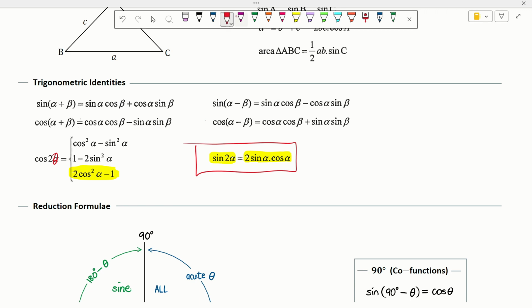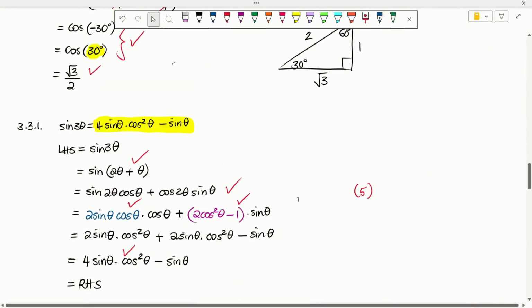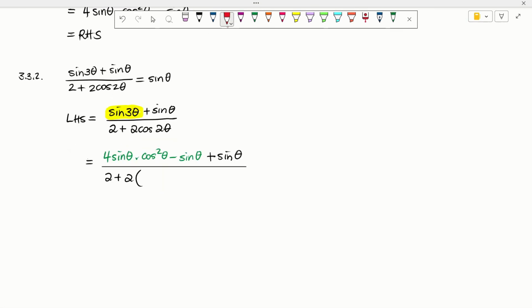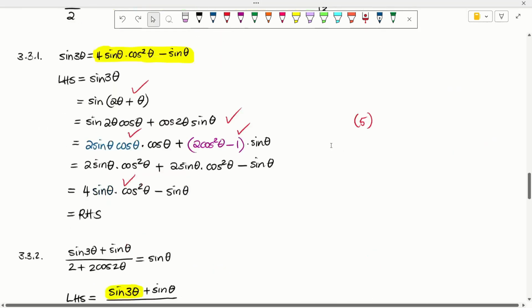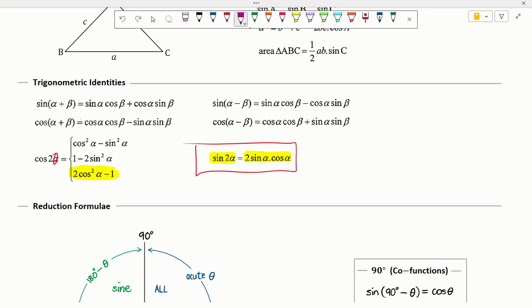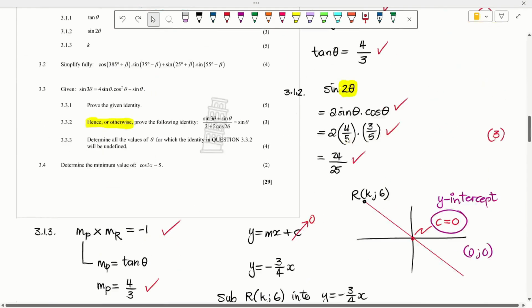Why? Because I see cos squared alpha, and indeed on top I have cos squared alpha. Those, I'm sorry, theta in this case, might cancel or do some things for me. So that's why that will influence my choice. So it's always thinking ahead. If it doesn't work out, you don't jump the question, you try another one. Okay, so you try one of those other 3 or 2.